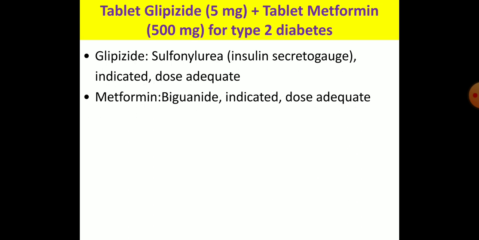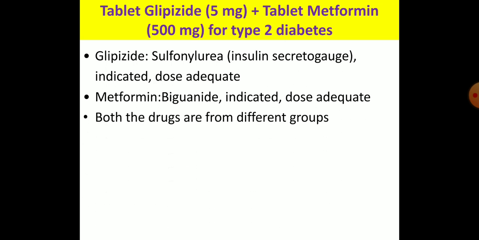Then tablet metformin is a biguanide, also indicated and the dose is adequate. Both drugs are from different groups, so they have different mechanisms of action, and the chances of hypoglycemia will not be more with this combination.